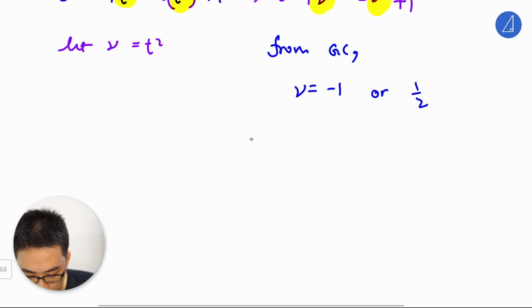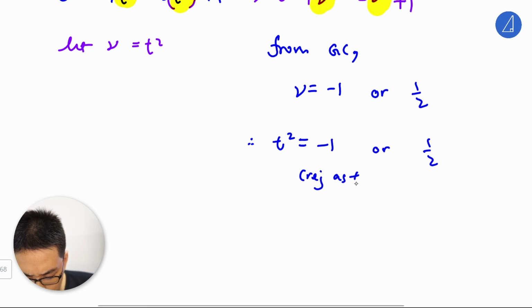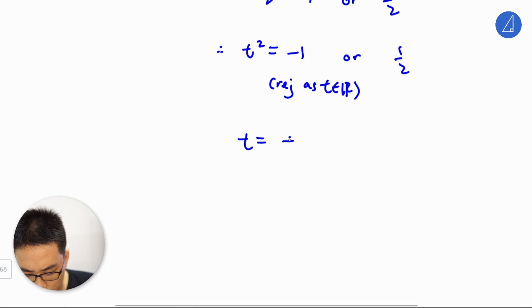Okay, so hence t squared equals -1/2. Reject, since t is not a real value. So t will just be positive.